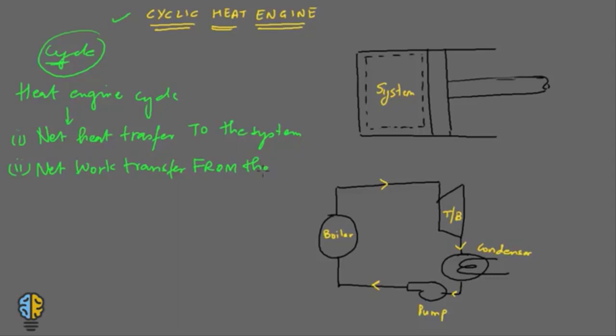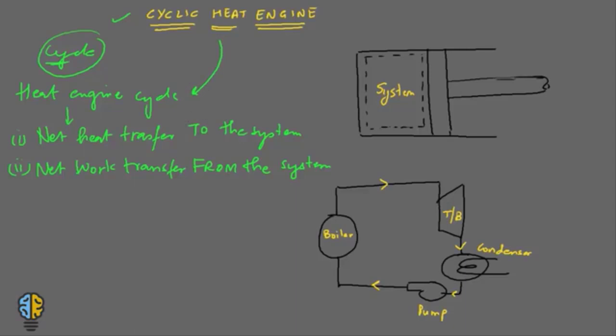So you will have some positive heat and positive work. These are the two main characteristics of a heat engine cycle. And the system which executes a heat engine cycle is called a heat engine. As simple as that.